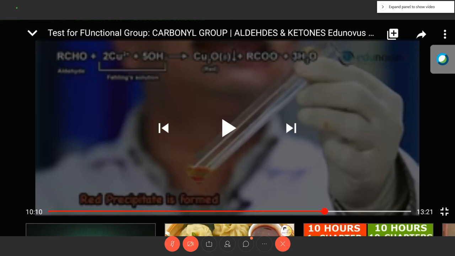So these two tests are very important for detection of the aldehyde group. Schiff's base test also confirms it, but in lab we prefer to do Fehling's test first, and then the silver mirror test, as silver nitrate is very costly. Okay, next we will check out the test for ketone function.